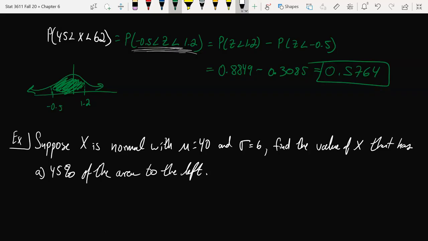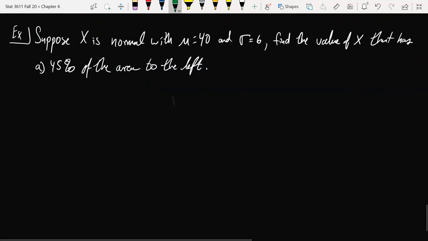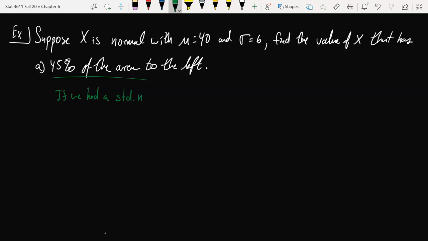Now, we've been able to answer questions like this with the standard normal distribution, so we want to approach this in a similar fashion. Let's just think about this. If we had a standard normal distribution and we wanted 45% of the area to the left, we could find that value.